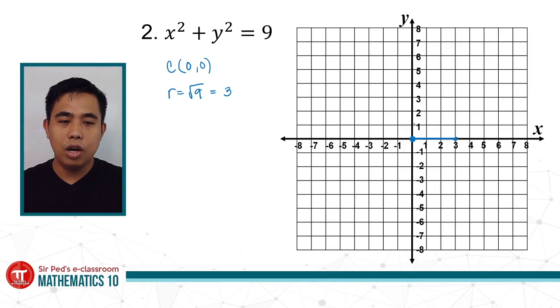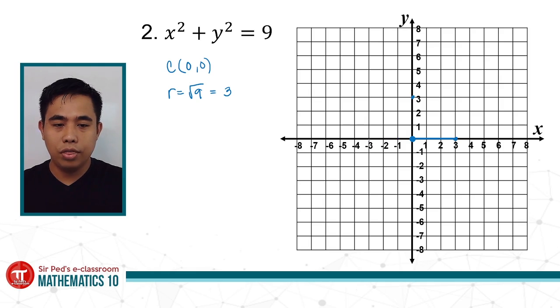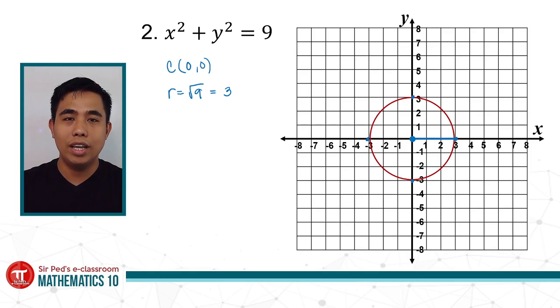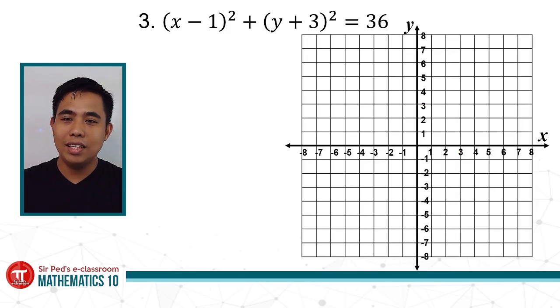So pataas, you count 3 units. 1, 2, 3. Pa-left from the center, 1, 2, 3. And then pababa from the center, 1, 2, 3. Okay. With these 4 points, eto na yung graph ng ating circle, which is x squared plus y squared equals 9.